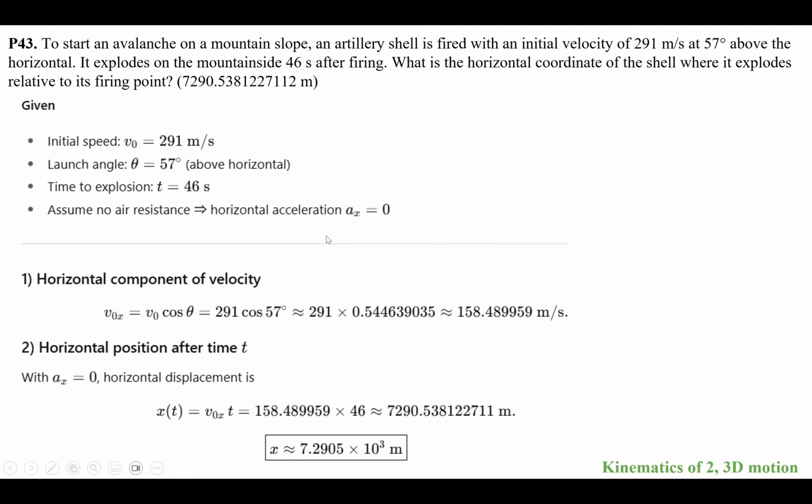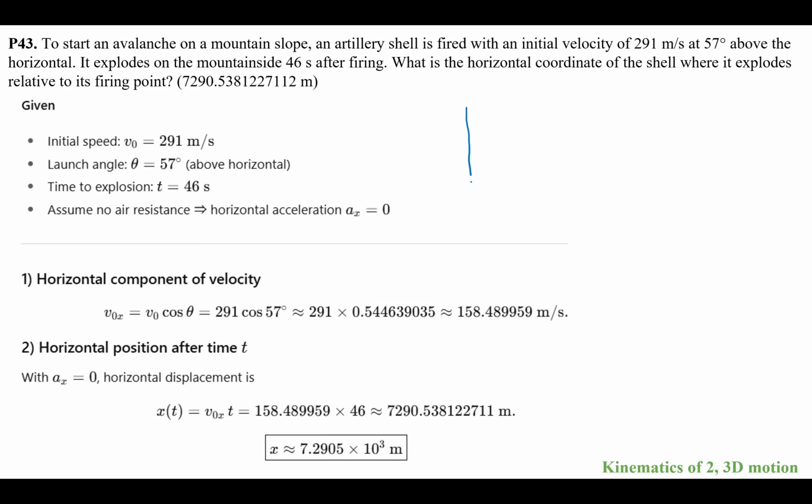The next problem: to start an avalanche on a mountain slope, an artillery shell is fired with the initial velocity at an angle above the horizontal. It explodes on the mountain side 46 seconds after firing. What is the horizontal coordinate of the shell where it explodes relative to its firing point?